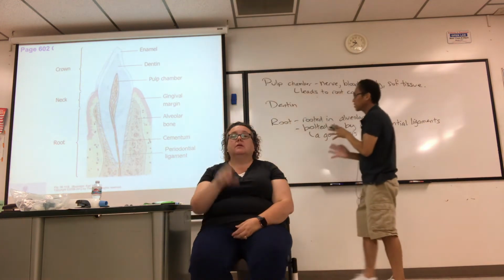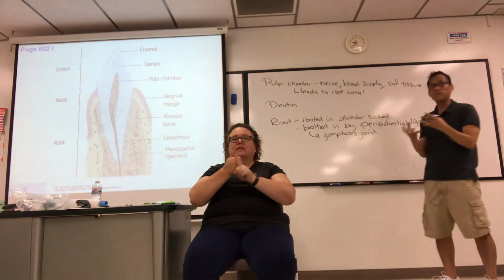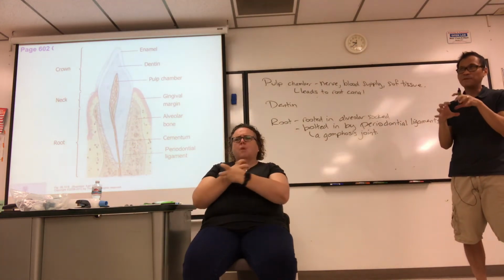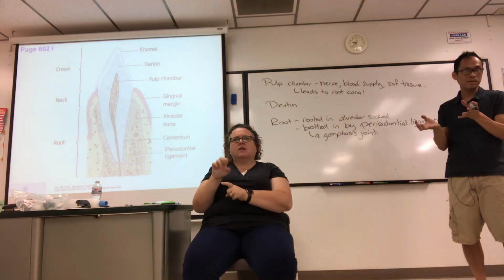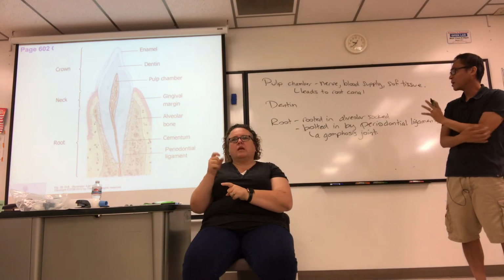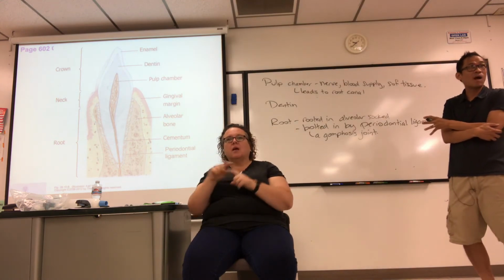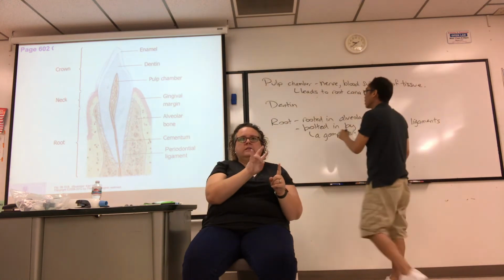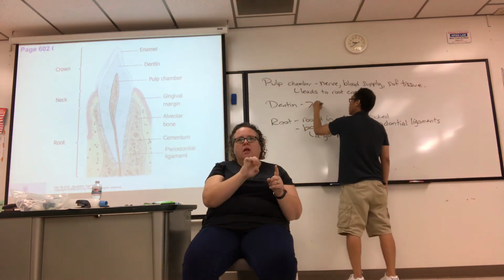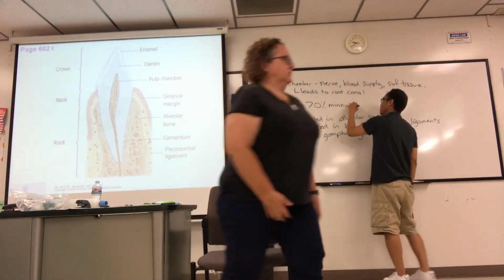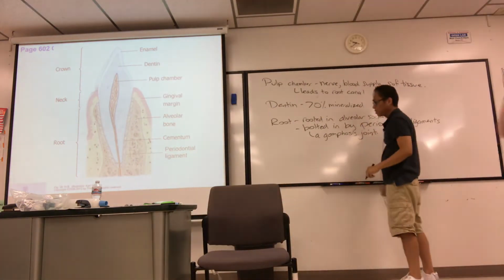Dentin is basically bone tissue, but even harder. Bone tissue ossifies, it's something like 50% inorganic matrix of calcium phosphate, but dentin is more like 70% mineralized. It's hard tissue.